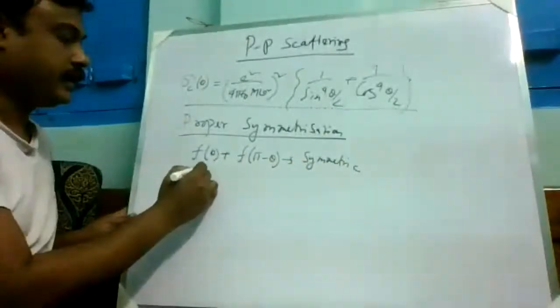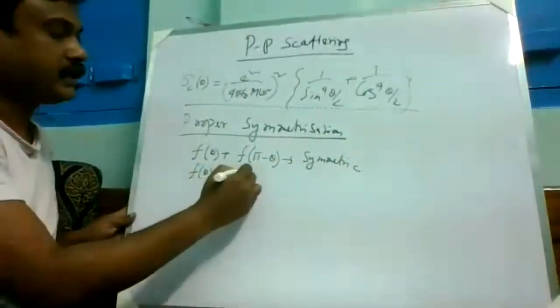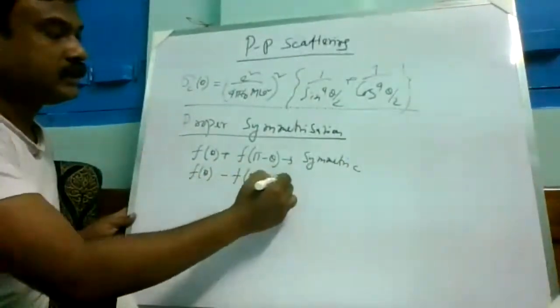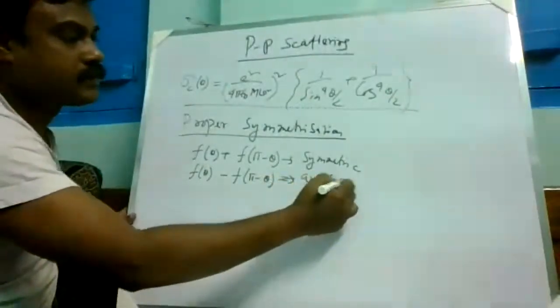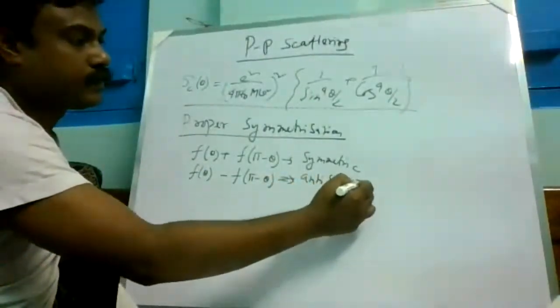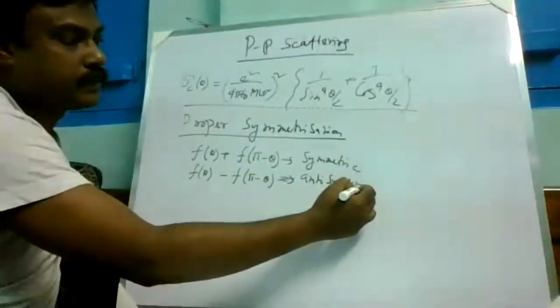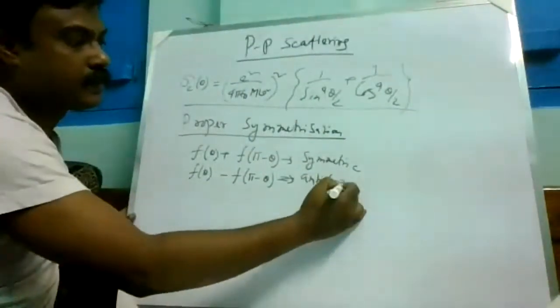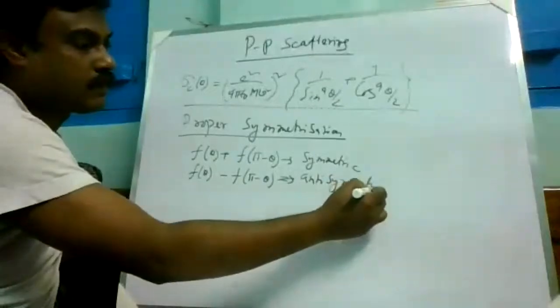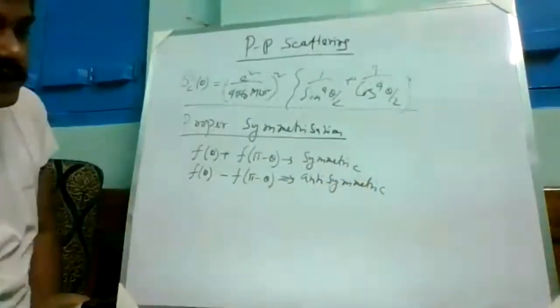On the other hand, f theta minus f pi minus theta will be anti-symmetric.